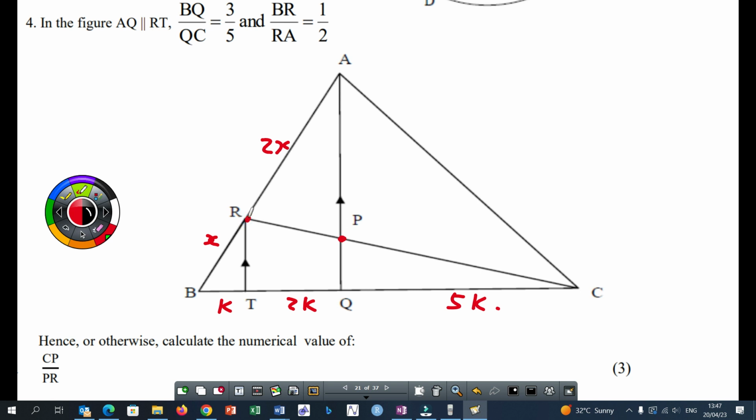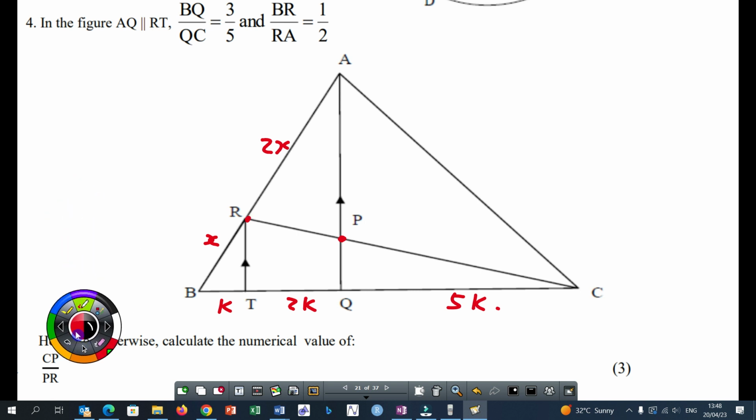Now I'm sure you can see we can identify a triangle that we can apply the proportion theorem. And what will be that triangle? It will be CRT. Do you all see that? Is there anybody who can see that? Right, so if you can all see that, then that's a good thing. So we say in triangle CRT, if you apply the proportion theorem, we want CP over PR.